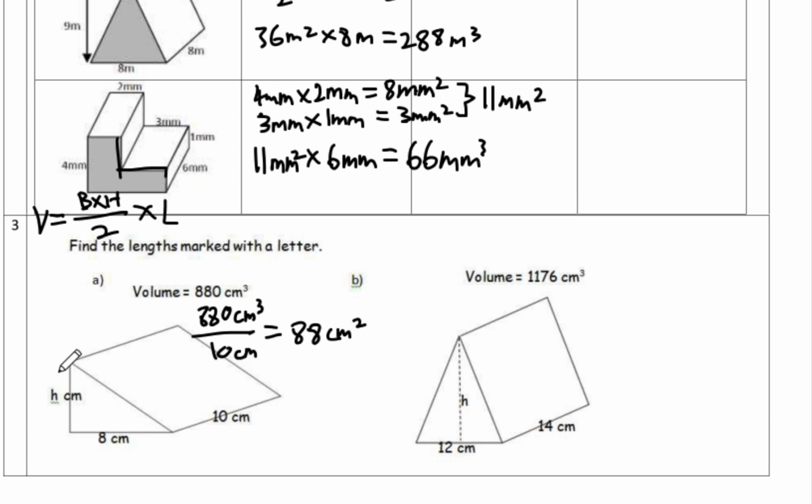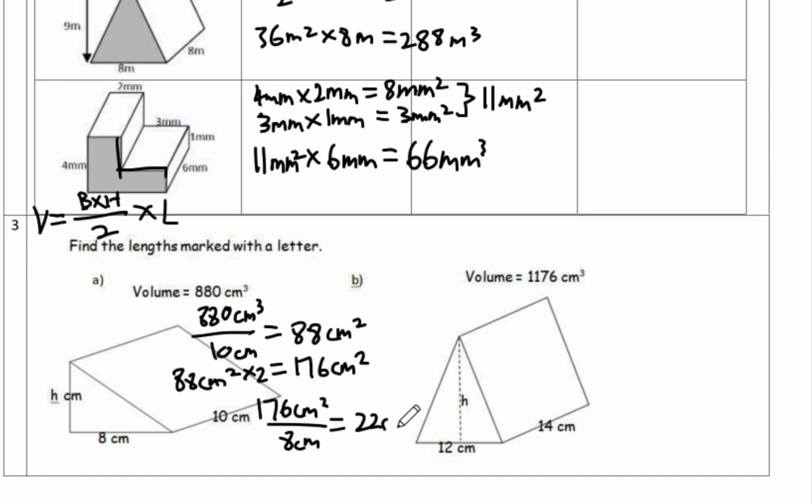Now 88 cm square will be the triangle, so we will take 88 cm square multiplied with 2, which is 176 cm square. And now we just take 176 cm square divided with 8 cm, which we will get 22 cm, and that will be our answer.